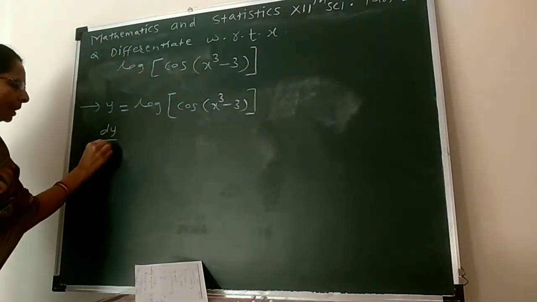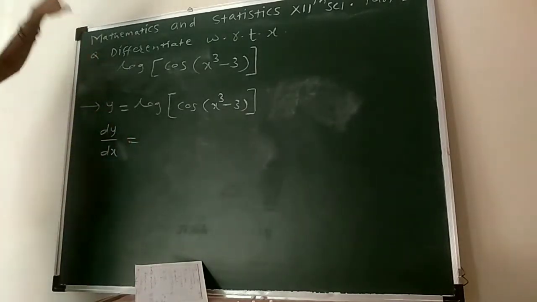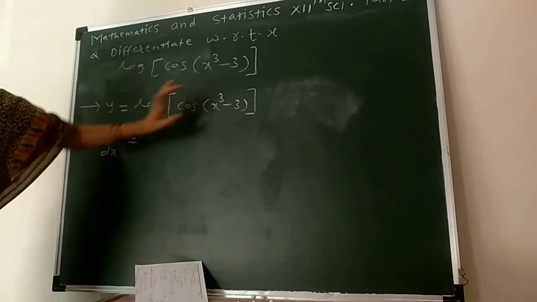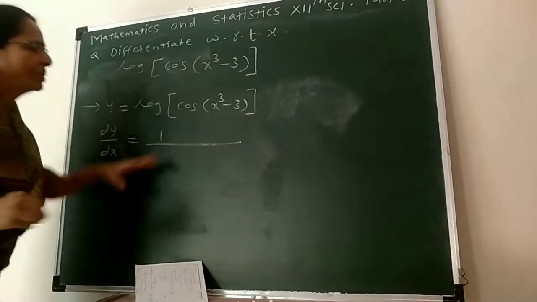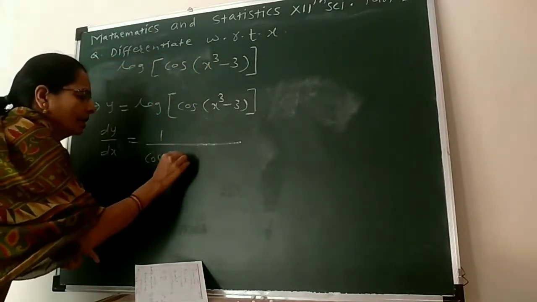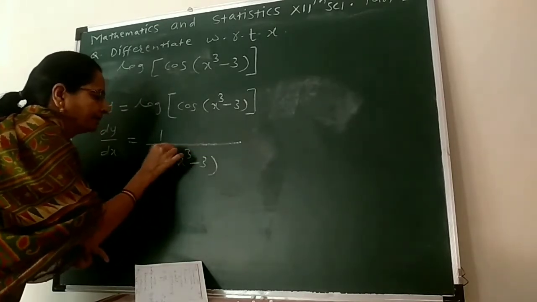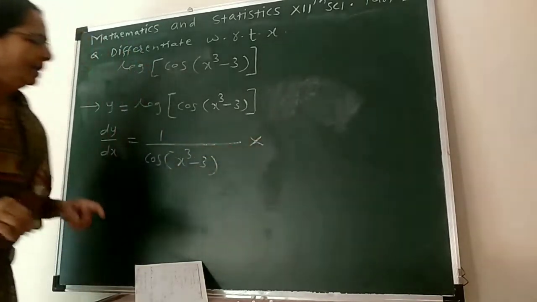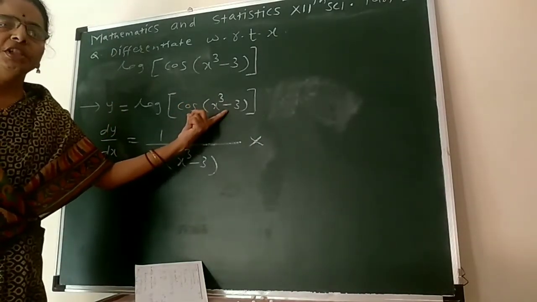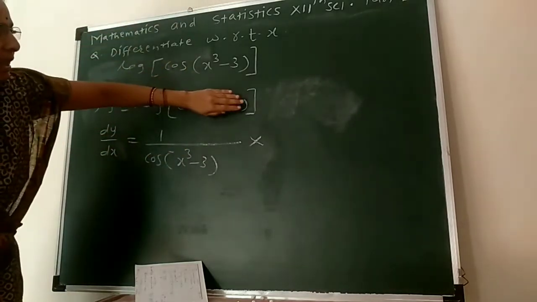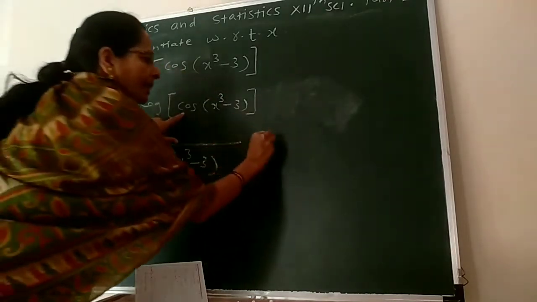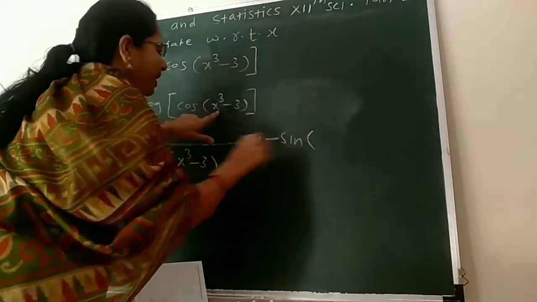Derivative dy by dx is equal to, suppose this total value is x, so the function is log x, derivative is 1 upon x, 1 upon this total value, cos x cube minus 3, multiplied by derivative of this value. But this is again a composite function, so suppose this value is x, so cos x, derivative of which is minus sin x, where x is x cube minus 3.